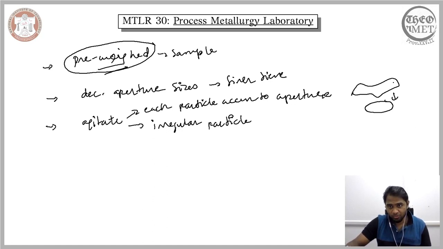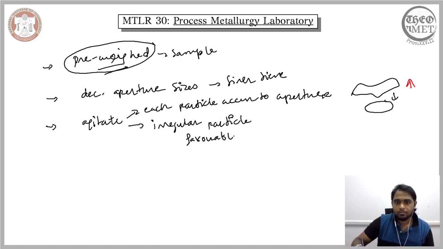In this alignment, my particle will not pass through this particular aperture. But if I change this orientation to this, then it is possible for my particle to pass through this aperture. So in order to achieve this favorable orientation, the agitation is introduced for the sieves.